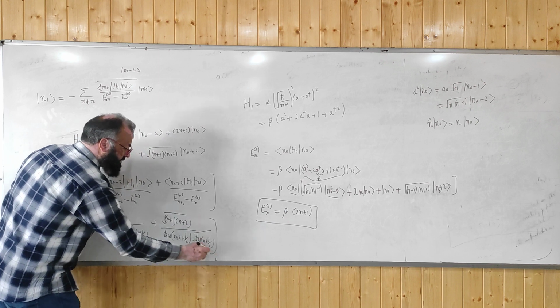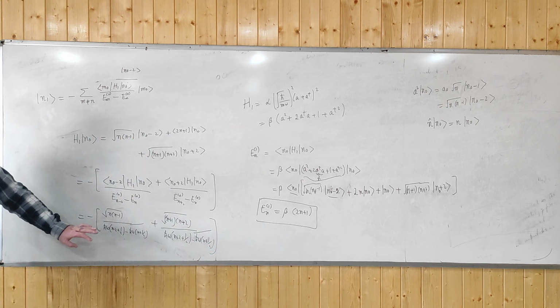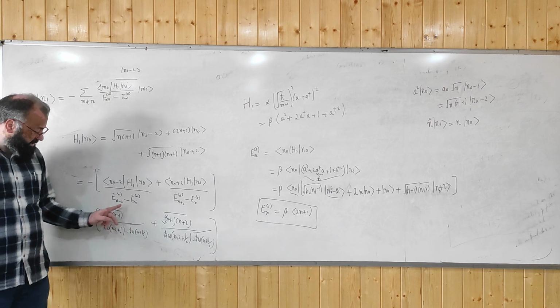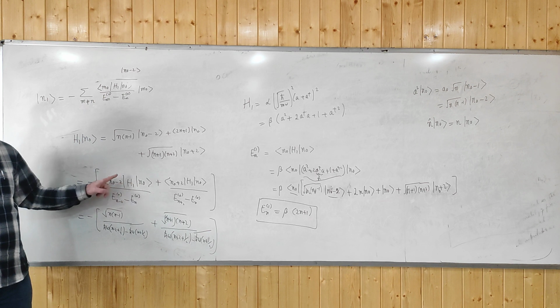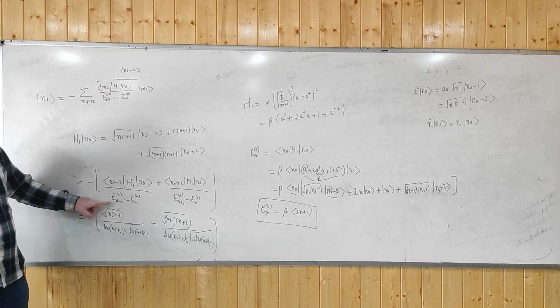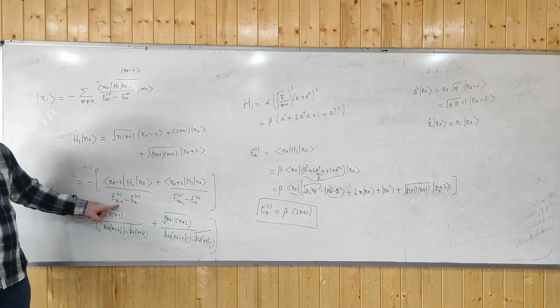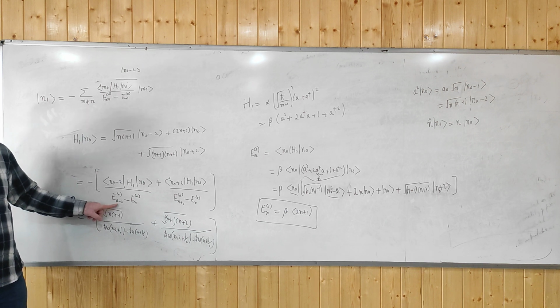Clear? So everybody got it? Look here. Everybody got this factor? The numerator, everybody got? Any problem? Good. So you are having now E_{n-2}. What is your harmonic oscillator energy? h cross omega (n plus half). So what is the index here? n minus 2.